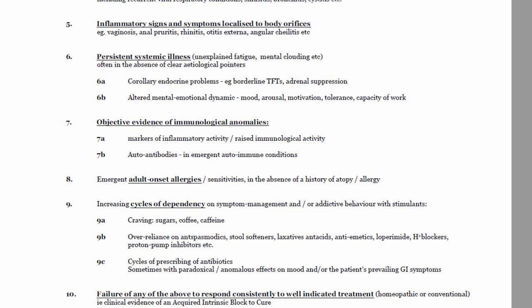It'll just be a few of them that you notice within the first 5 or 10 minutes of speaking to the patient as they're telling you about their troubles, and you think, I have to just make sure that we don't have a clear indication for a gut dysbiosis.